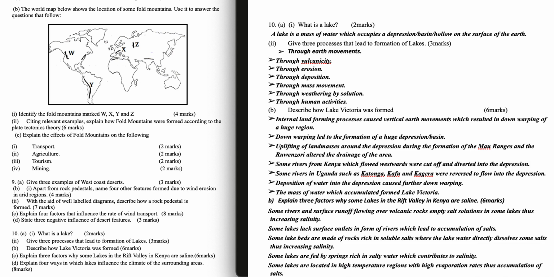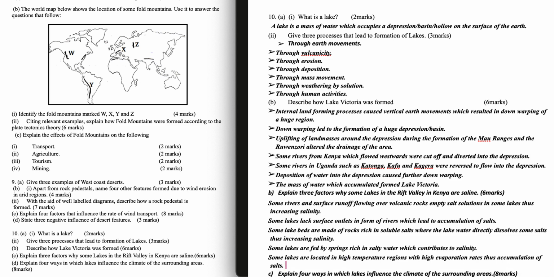Some lakes lack surface outlets in the form of rivers, which leads to accumulation of salts. Some lake beds are made of rocks rich in soluble salts where the lake water directly dissolves some salts, thus increasing salinity. Some lakes are fed by springs rich in salty water which contributes to salinity.